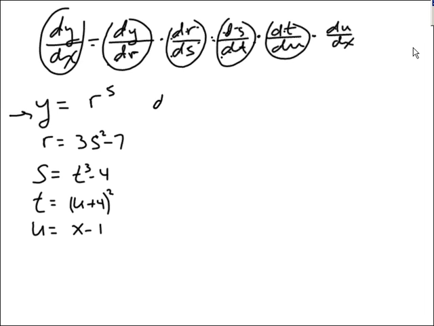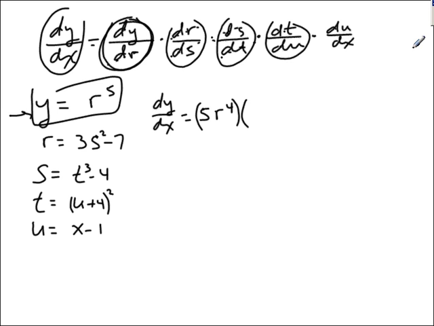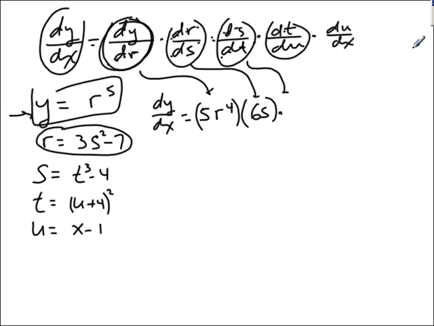So, dy dx is equal to dy dr, which is 5r to the 4th, times dr ds. R in terms of s. Dr ds is simply 6s, times ds dt. Derivative of s in terms of t: 3t squared, times dt du.